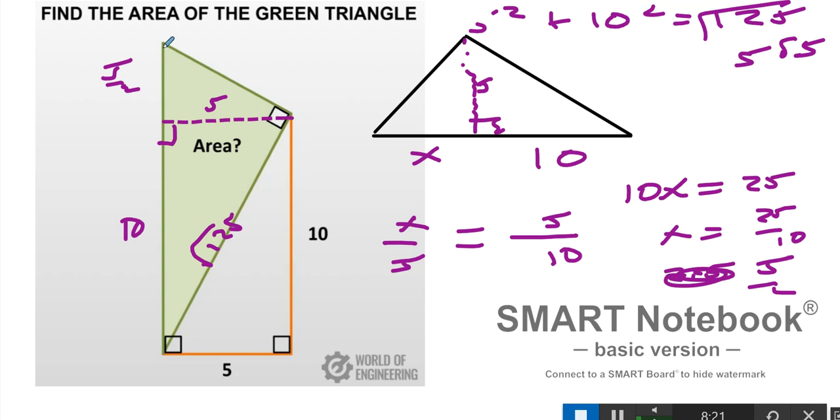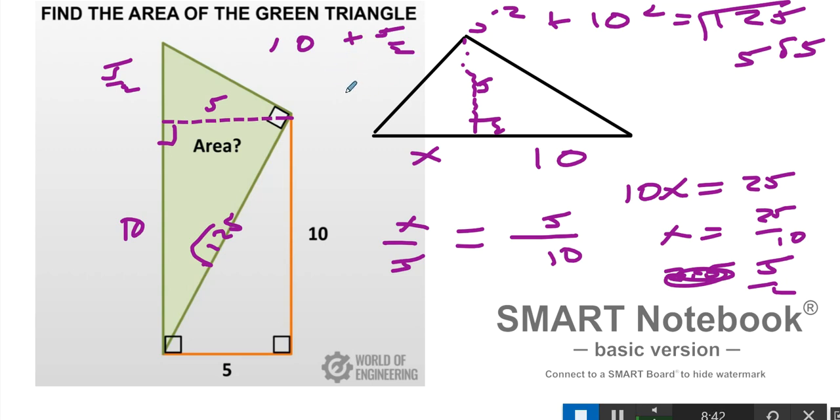So now we have a triangle here where I have the altitude and a base. The base is 10 plus 5 over 2. All right, this is a mixed number. So 12 and 1/2, which is 25 over 2. Okay.